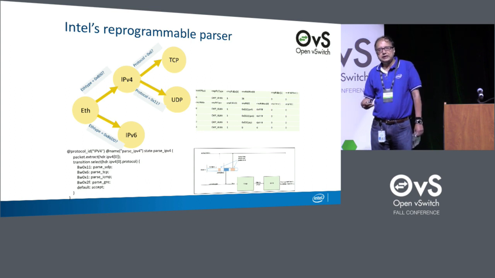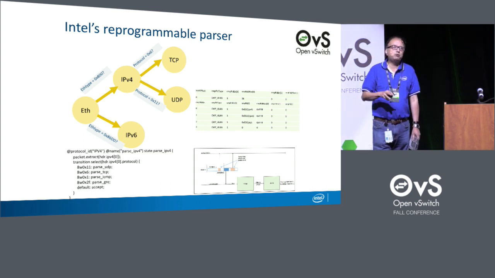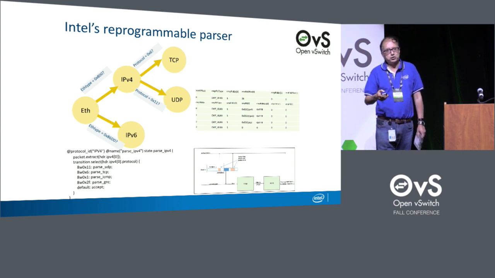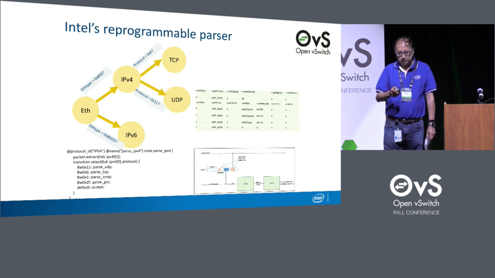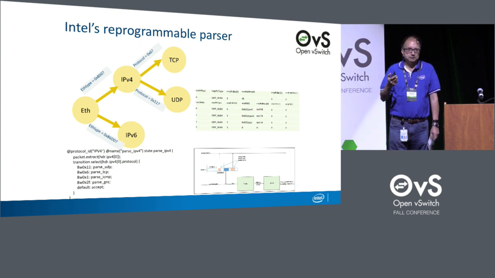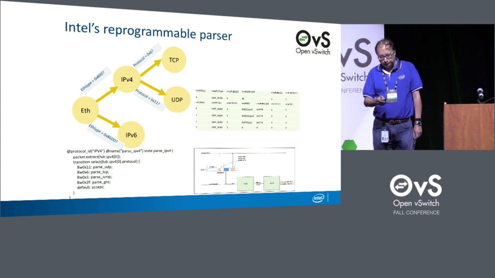For instance, some of these changes have to be made before the flows age out. And hence this approach of just changing a binary blob that the parser block is able to accept and just move on from there.